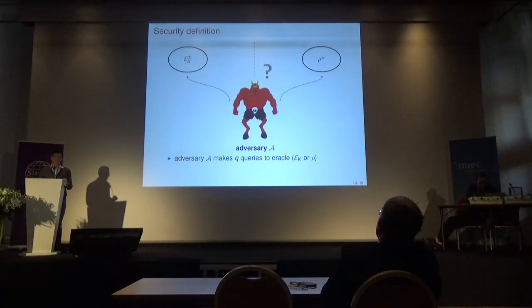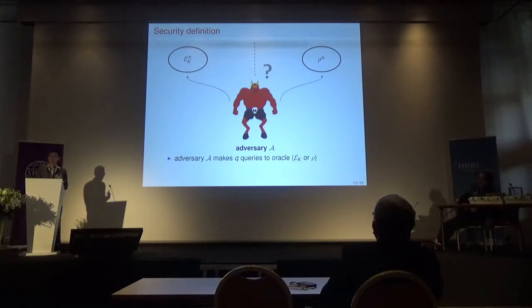Now, the security definition. Suppose we have an adversary who wants to distinguish our length doubler from random. Then, in the beginning of the attack game, he gets access to one of two oracles. If he gets the real-world oracle, then this is actually the proposed length doubler, and the ideal-world oracle is something we call a random length-preserving permutation.